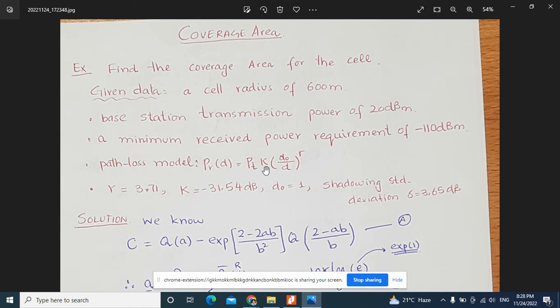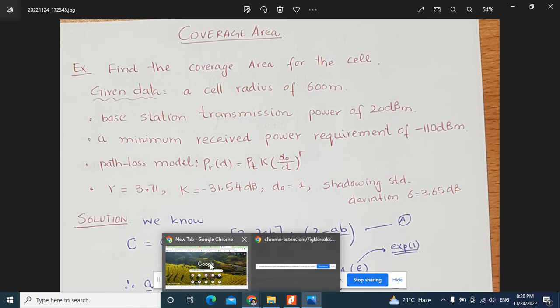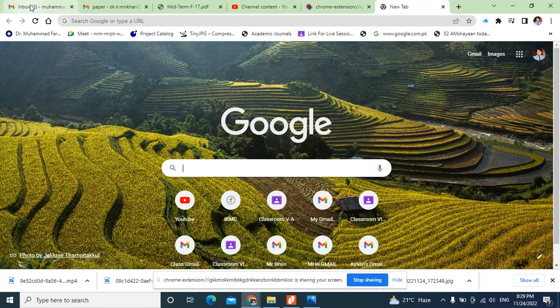In our previous examples, we used other path loss models, where PR was equal to PT GT GR (lambda / 4 pi d) whole square. In some other examples, we used another path loss model.